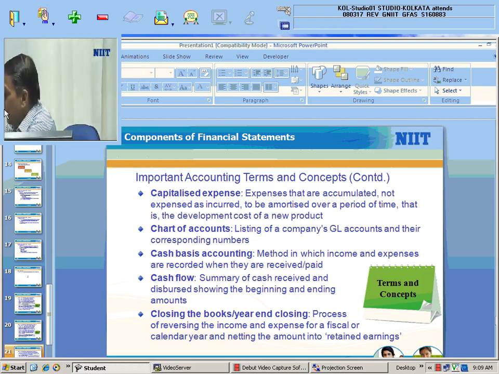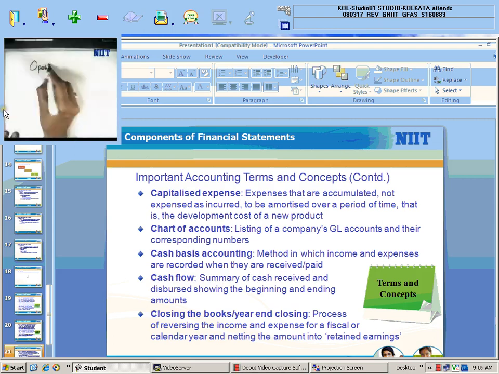So opening balance of cash account, plus cash received, minus cash paid, should be equal to closing cash.